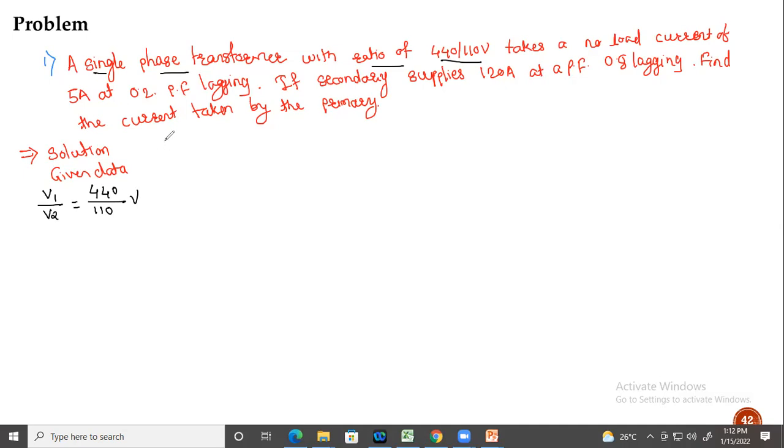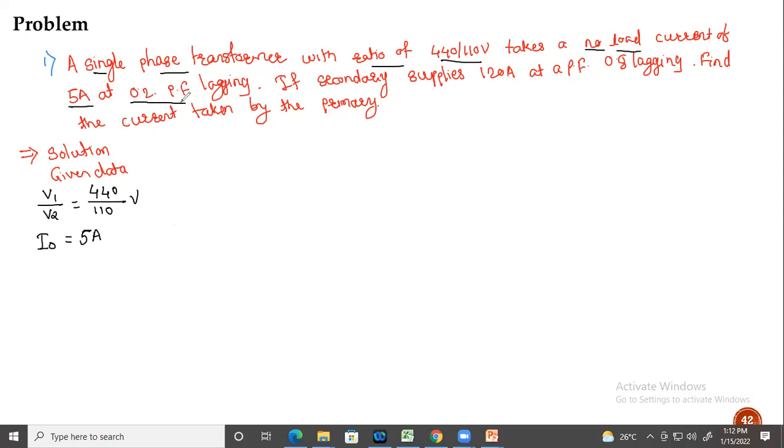It takes a no load current, that means the no load current is given. It is represented as I0, and I0 is equal to 5 ampere.